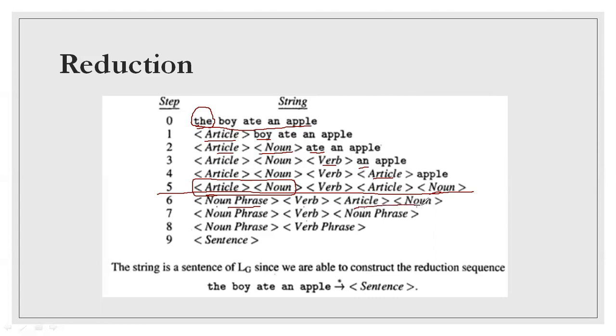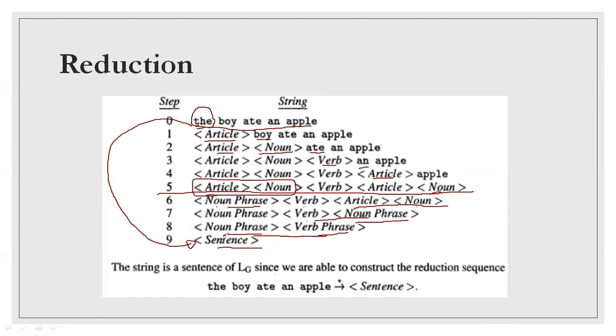Now this article and noun are combinedly called as noun phrase. Getting or not? So noun phrase, verb, noun phrase. This is the combination. Now keep noun phrase as it is. Verb and noun phrase is nothing but verb phrase. And at last, noun and verb phrase is nothing but sentence. So from the sentence the boy ate an apple, we have successfully reduced to the starting symbol of the grammar, sentence.